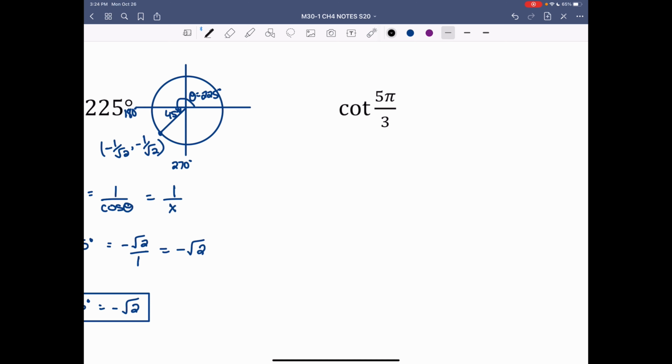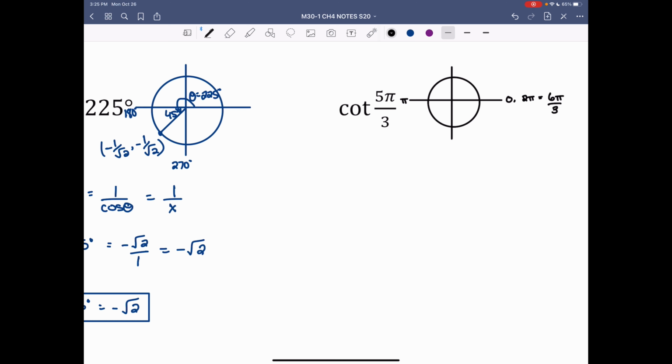Last one, cotan of 5 pi over 3. Start with our diagram. Five pi over 3, we have 0. We have pi, which would be 3 pi over 3. And then when we get back to the positive x-axis, that would be 2 pi, which is equal to 6 pi over 3.